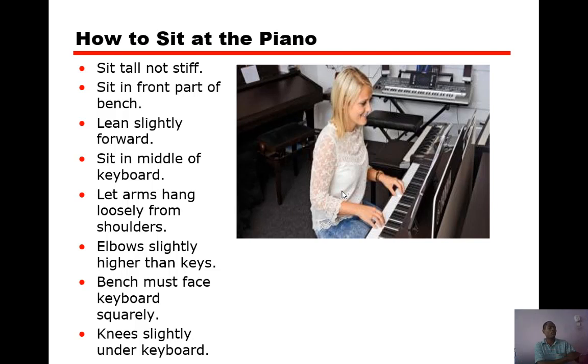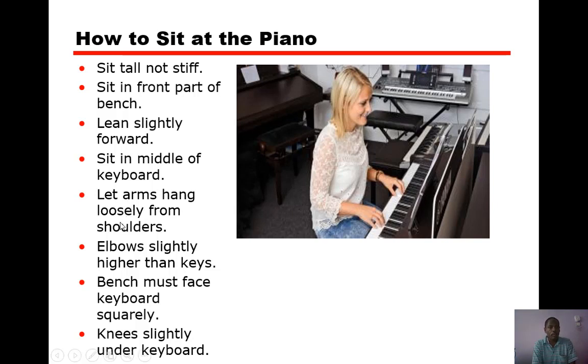Okay, so if you measure the angle between the lower arm and the upper arm, where your elbow is, it should form almost 90 degrees. Okay, so that your hand will not be paining you when you are playing. When you are playing the piano or the keyboard, you should not feel any pain.